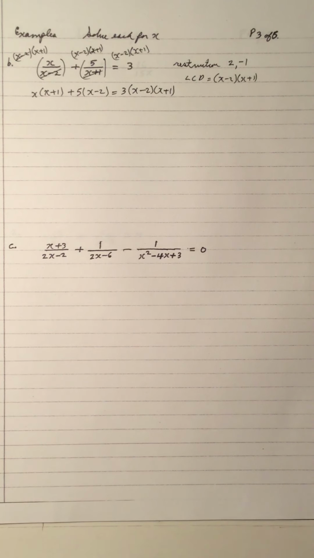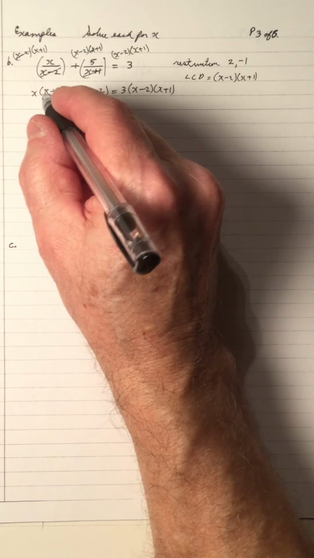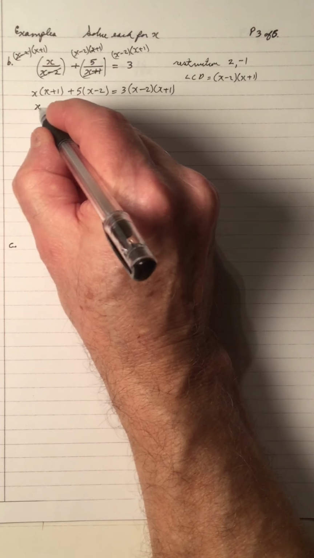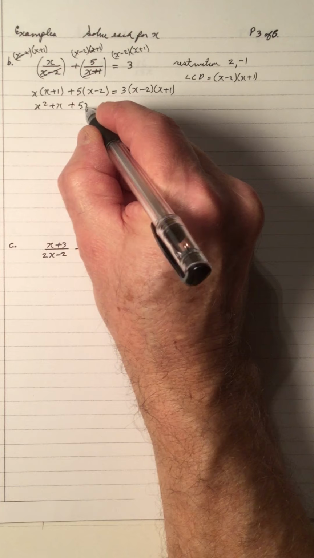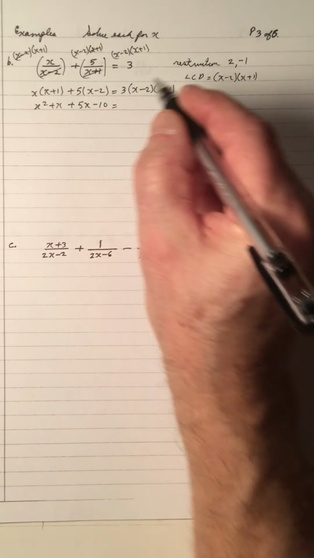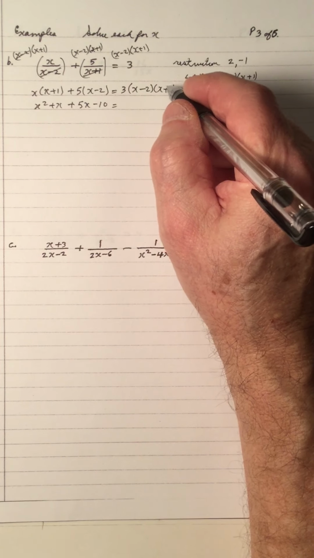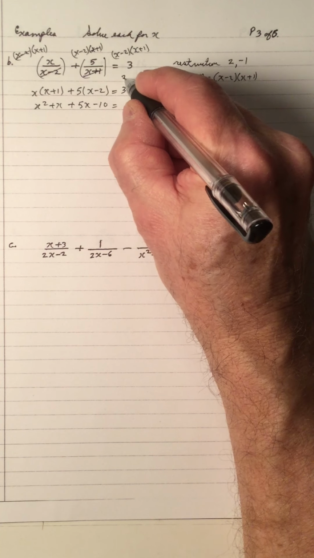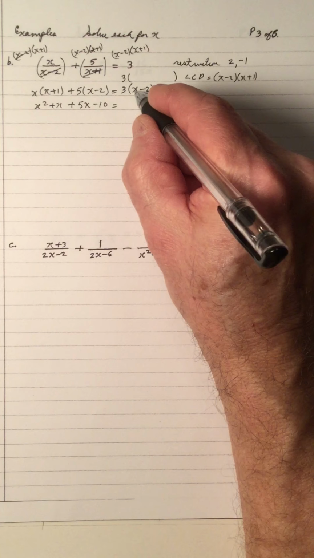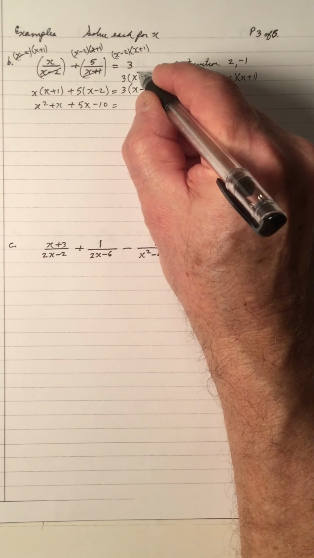So now we simplify each side. X times x plus 1 is x squared plus x. 5 times x minus 2 is 5x minus 10. Now right here, I'm going to multiply the two binomials first, so I'm going to do this fast. X times x is x squared.